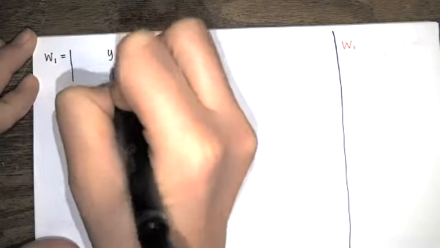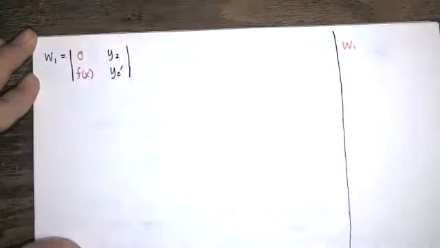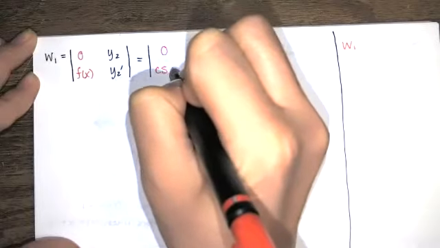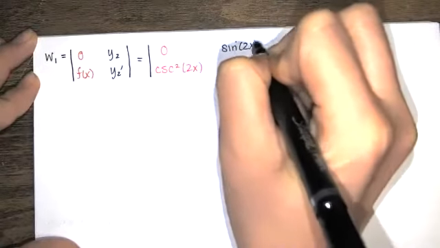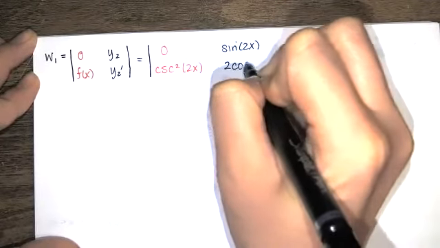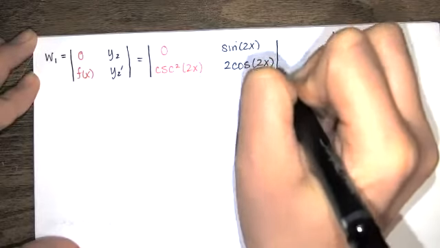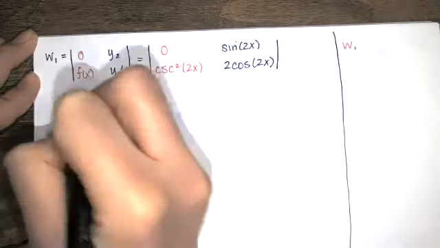W1 comes from replacing that first column in the Wronskian with 0 and f of x. And f of x was cosecant squared of 2x. Y sub 2 was sine of 2x. So we've got 0 minus that product.